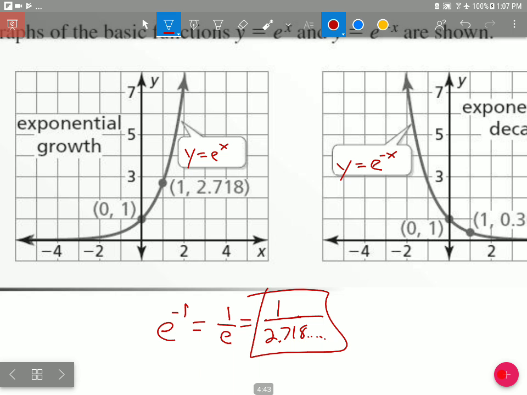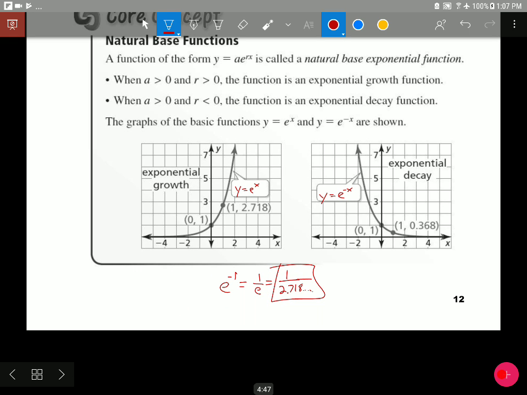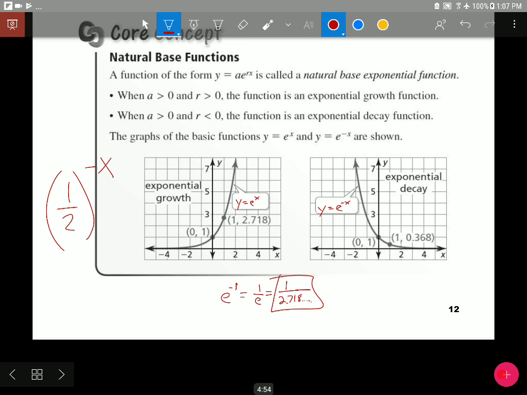Here's my point. If you have 1/2 to the negative x, that is actually a growth function. Yes, this is less than 1, so you think decay. Yes, this is a negative, so you think decay. But this flips that 1/2 back to a 2. So it's really a growth function.